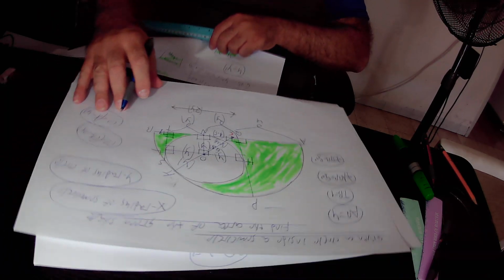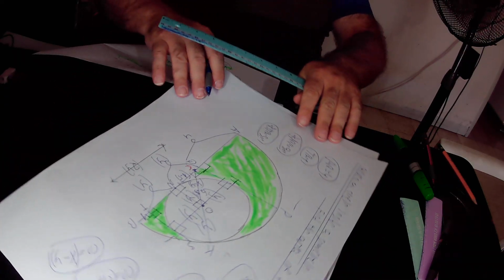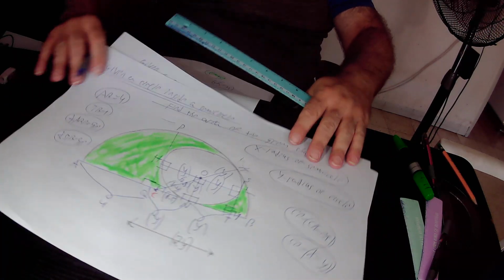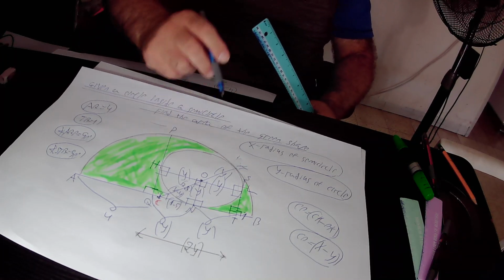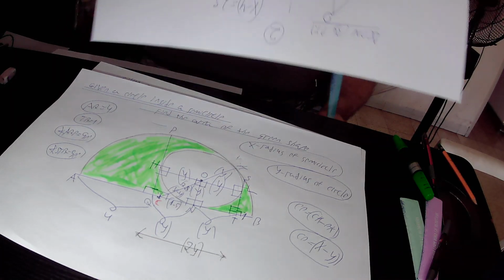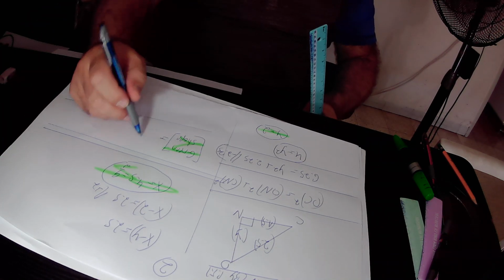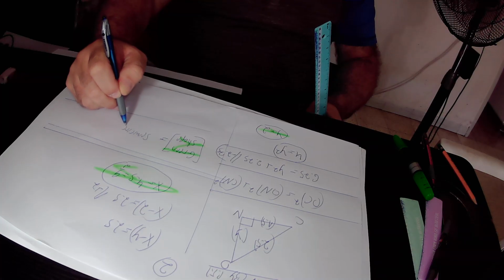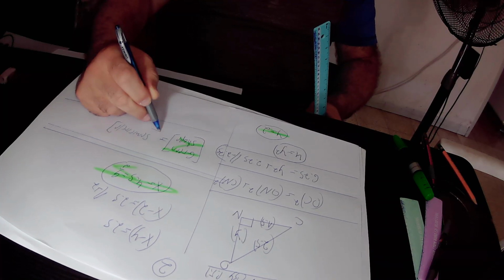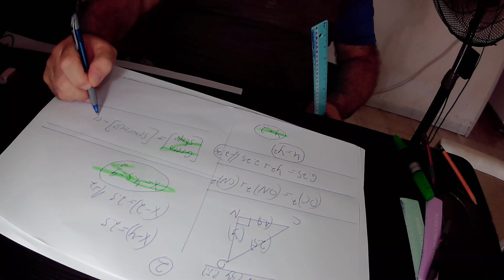From the drawing, it is very easy to see that the area of the green shape equals the area of the semicircle minus the area of the circle. So I write it down. The area of the green shape equals the area of the big semicircle minus the area of the small circle.